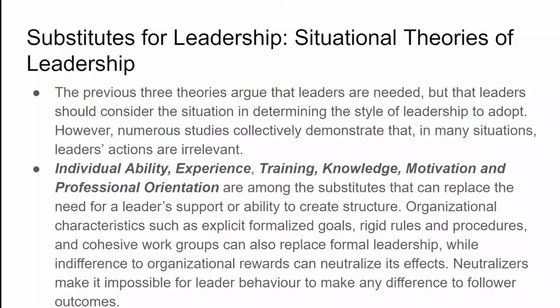Do all those things have to be present to eliminate leadership? Probably you need them all to eliminate the need for leadership. But certainly we can reduce the amount of leadership required if people have the innate abilities, the experience, the training, the knowledge, the motivation, and the basic professional characteristics to do the job.